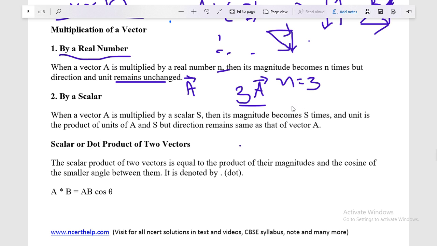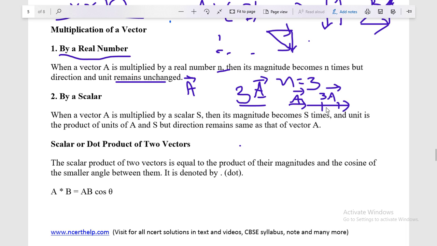So if you have this vector, suppose this is vector a, and you multiply this vector by 3, you will get a 3 times longer vector. This one is the 3a vector, and this one is vector a. So if you multiply a vector by a real number, the magnitude of the vector changes and becomes n times, where n is the real number.